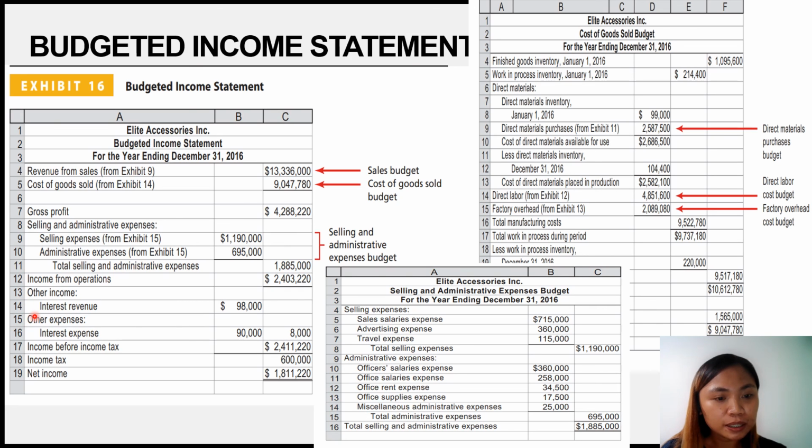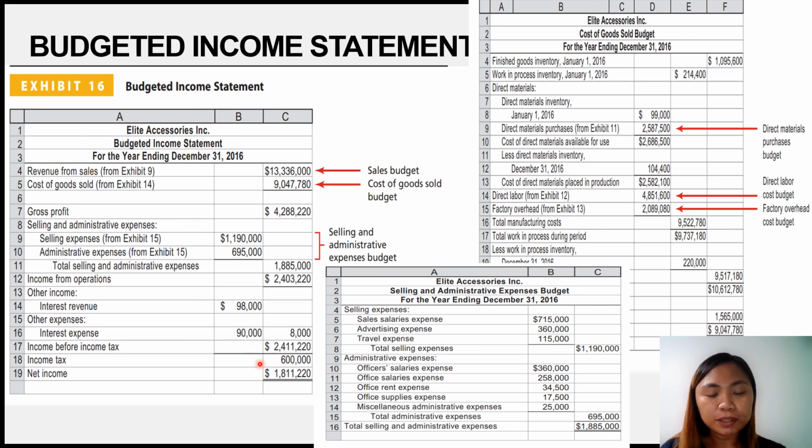So there is an interest revenue of 98,000 and an interest expense of 90,000. So a net income from other income of 8,000. Then add that to the income from operations, that would equal to the income before income tax of 2,411,220.